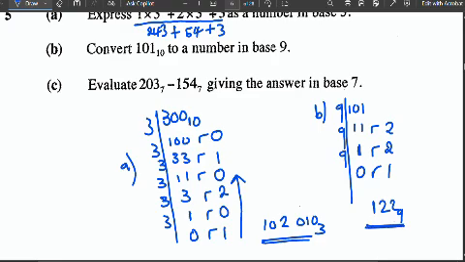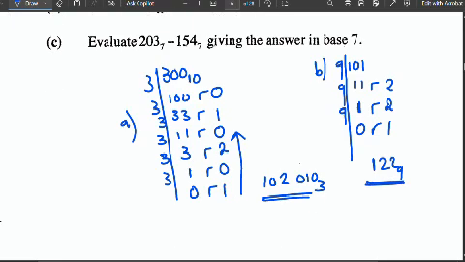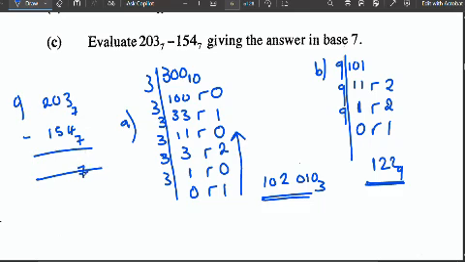That's it. Then the C part, let me write it here. It's 203 base 7 minus 154 base 7. Sorry, you subtract.